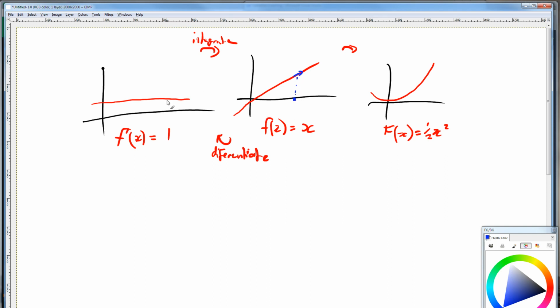There, it's 1. And if we do this over here, what's the slope at this point? It's whatever that is. So differentiation tells us the slope, but integration tells us the area under the graph.